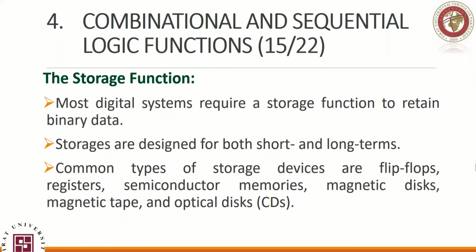Okay, so how can we create such memories? Well, for the semiconductor, the solid state, we use digital circuits or logic circuits. But for the long term, the big memory or storage type, usually we use the magnetic disk, although we have the SSD now.